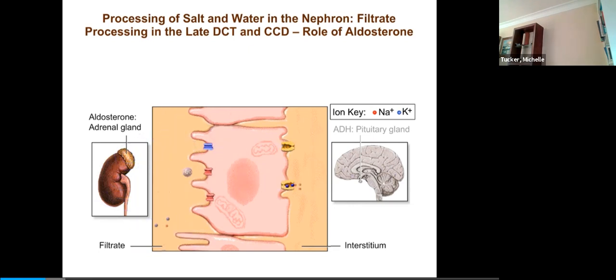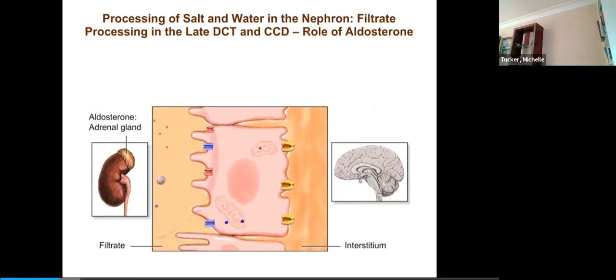However, a decrease in the level of sodium ions or an increase in potassium ions in the blood will trigger the release of aldosterone. Let's see the results of increasing the level of aldosterone in these cells. In response to increased aldosterone, both sodium ion reabsorption and potassium ion secretion increase. This occurs because the principal cells increase the number and activity of sodium-potassium pumps in the basolateral membrane.